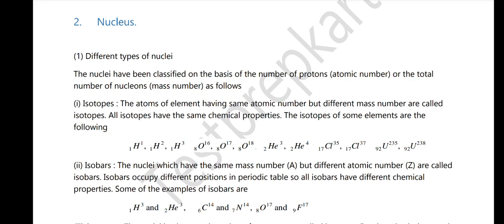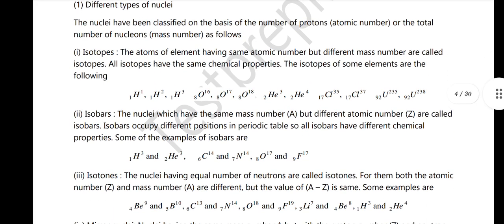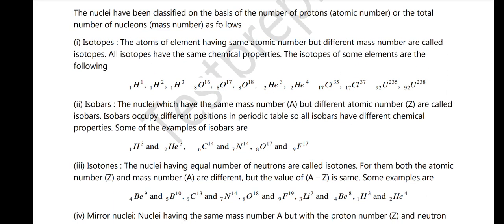And isobars: nuclei having the same mass number but different atomic number, the opposite of isotopes. Isotopes have the same atomic number but different mass number; in isobars it is the opposite, same mass number, different atomic number. Remember some examples like H1, H2, and so on.